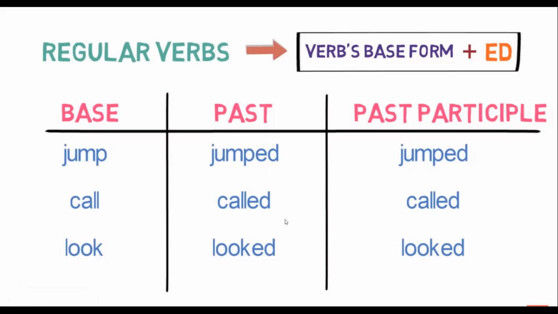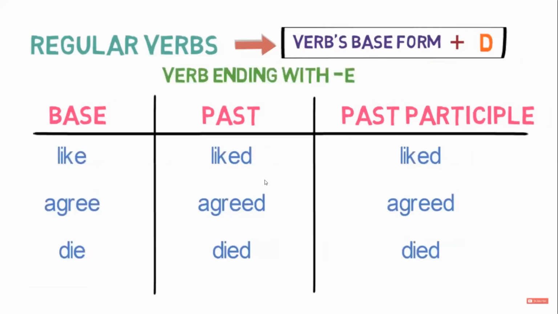Then we have another rule that when we have a verb in the base form that ends in e, for example here, we need to add just a d, okay? Cuando el verbo termina en e, solamente añadimos la d. For example, liked, agreed, or died. Okay, este es el segundo tipo de verbo, cuando terminan en e.